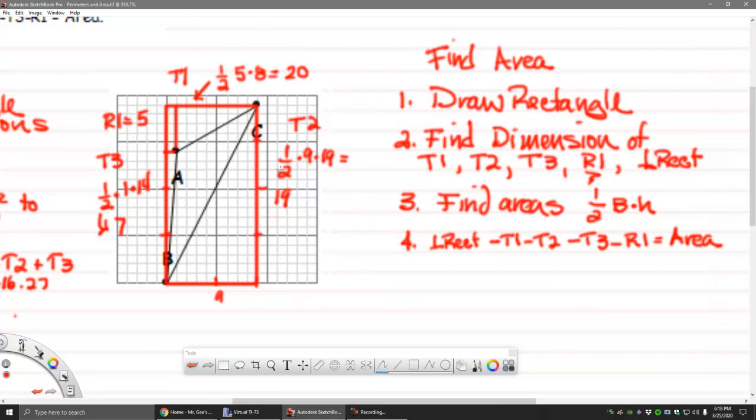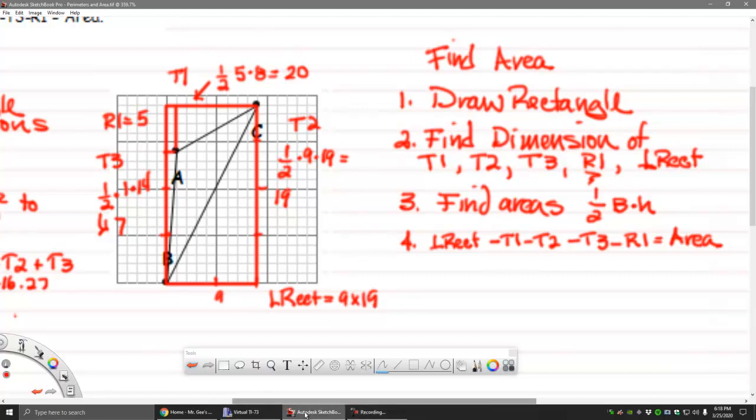So we found the area of all of our triangles and our little rectangle. Now we have to find the area of the big one. And that looks like it's going to be 9 times 19, right? So the area of the large rectangle will be 9 times 19.